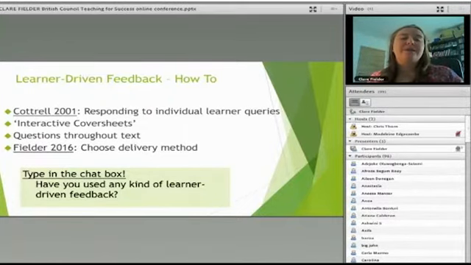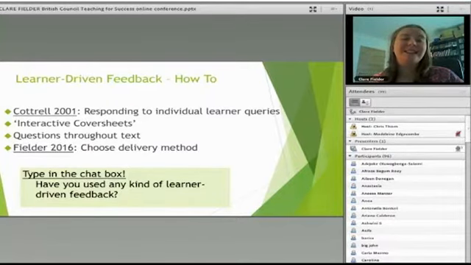There are a couple of different ways of doing this. Maybe they can pose questions throughout their text in footnotes or comment bubbles, or maybe they can use some kind of cover sheet which they would submit with their essay drafts or their texts, which requests feedback on certain language points or aspects of the text.